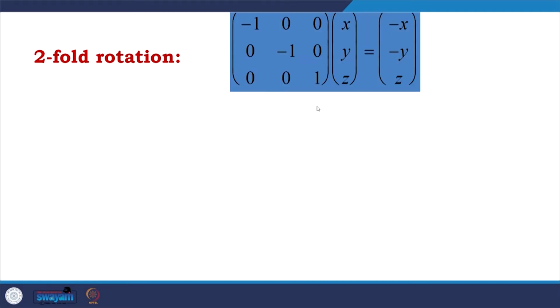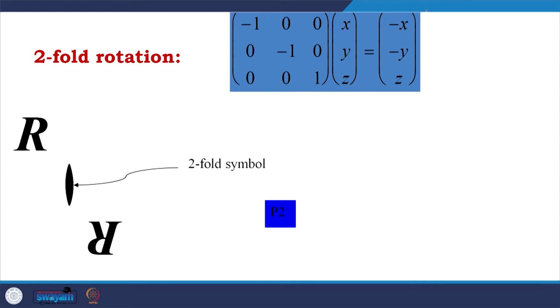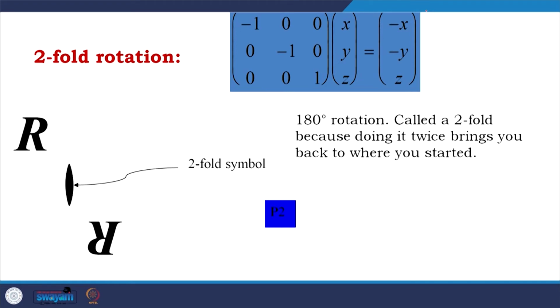Twofold rotation, here you see change in the two axes. So, this is a representation of twofold rotation which maintains P2 symmetry. It is a 180-degree rotation. It is called twofold because doing it twice brings you back to the original where you started.